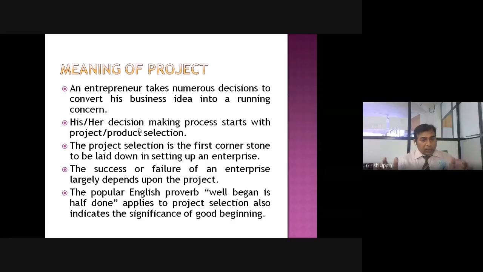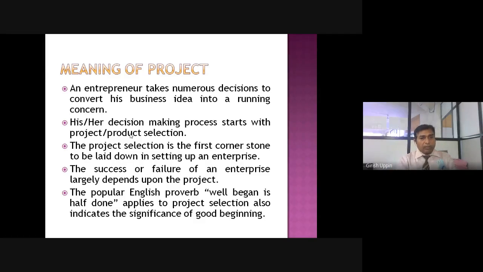And out of the selected projects, you want to select one or two, again the decision making process comes in, and you have to justify why you are making a certain selection.